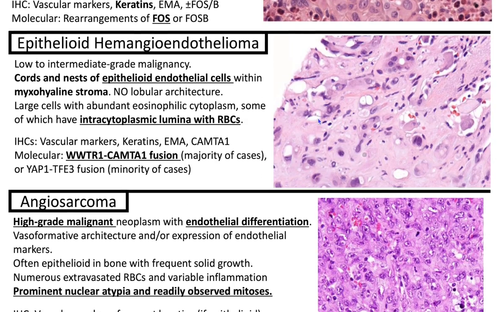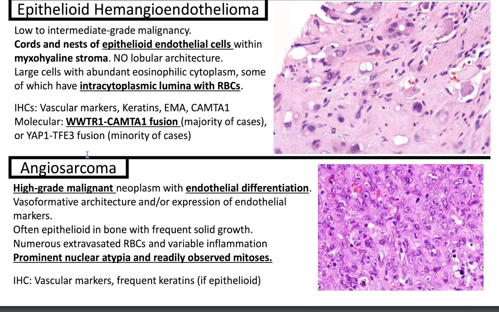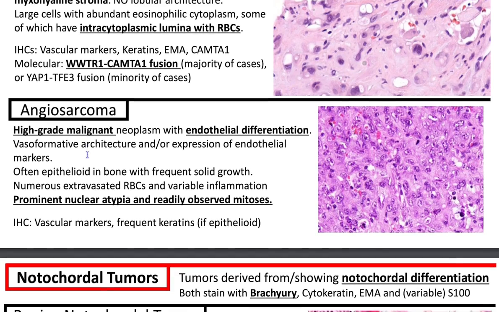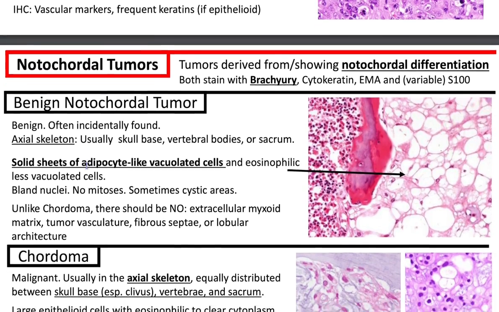Epithelioid hemangioendothelioma, think about WWTR1::CAMTA1 fusion. It's going to have those blister cells and a myxohyaline stroma. Angiosarcoma, think about your HHV8 to rule out Kaposi, and think about what type of angiosarcoma this patient has, if it's MYC amplified or not. Notochordal tumors, benign notochordal tumor, and then chordoma.